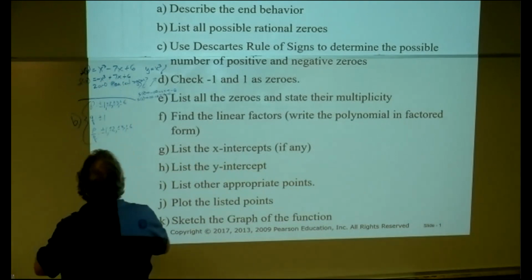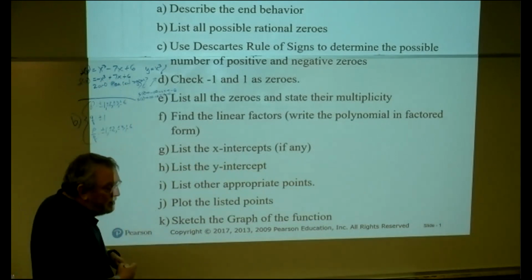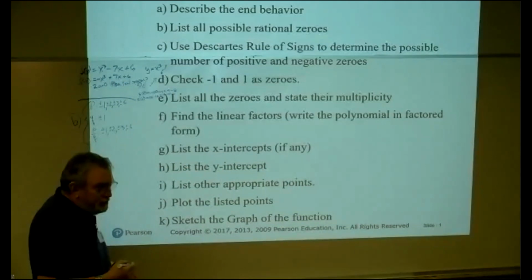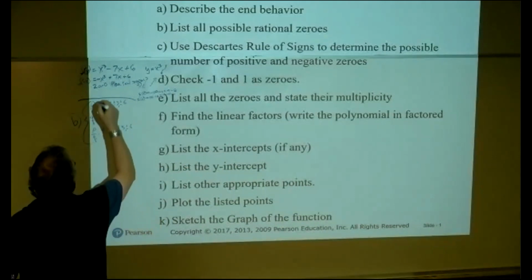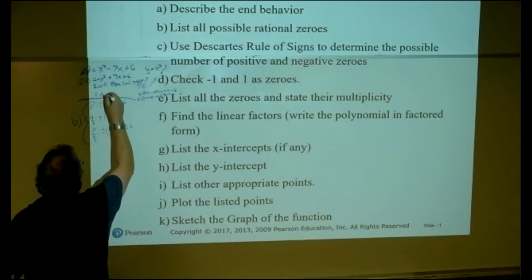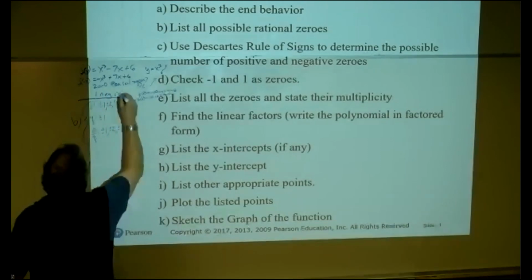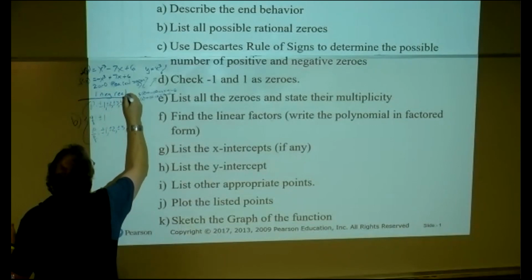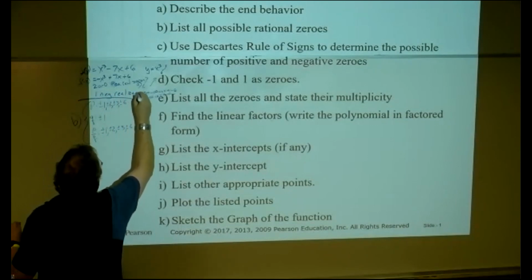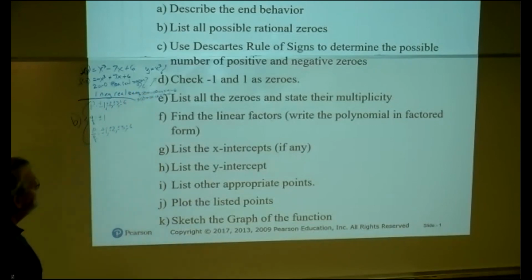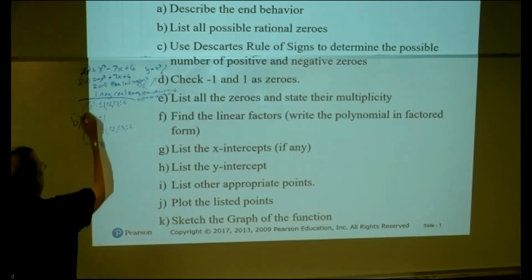So the maximum number of negative zeros is 1. So we're guaranteed a negative real zero.